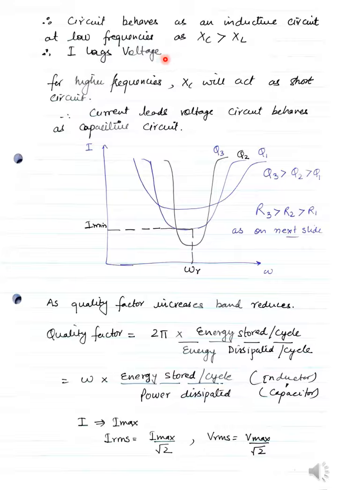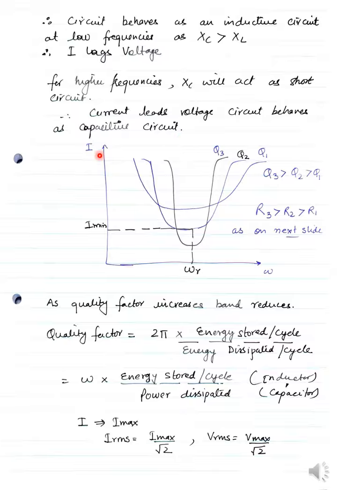When I'm saying lags voltage in terms of phase, the potential is ahead of your current. For higher frequencies, XC will act as a short circuit, and XC is greater than XL. Therefore, when XC is greater than XL, then the current leads voltage and the circuit behaves as a capacitive circuit.